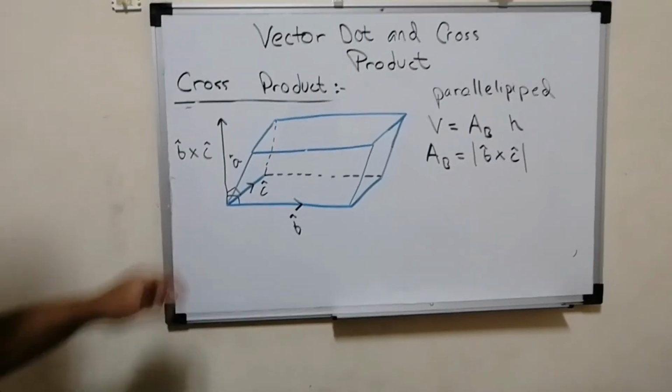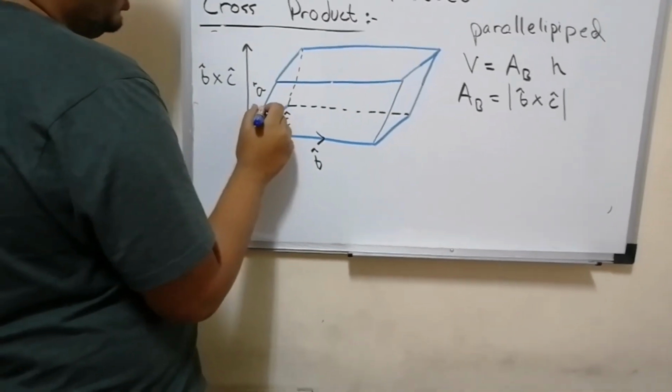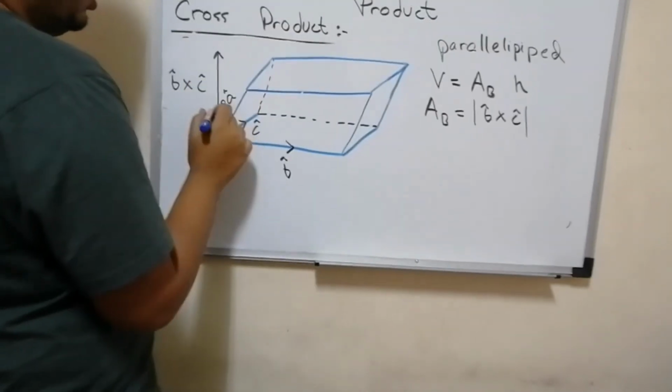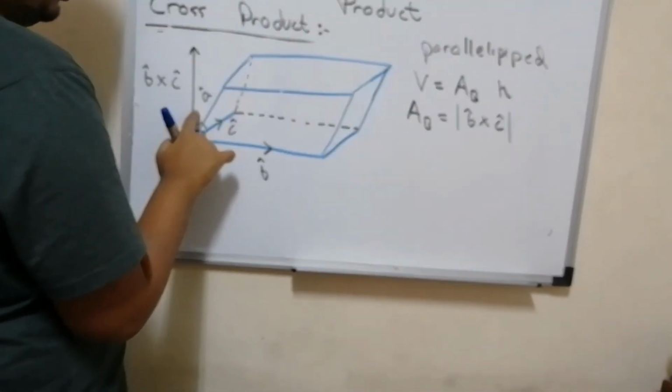Now the height can be given by, this is the angle theta.